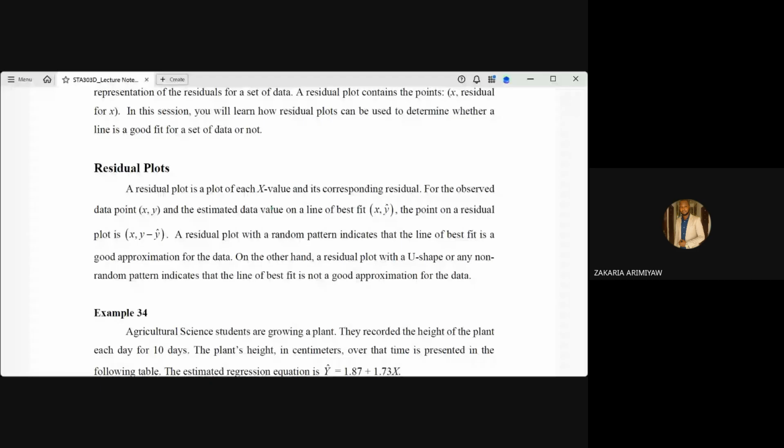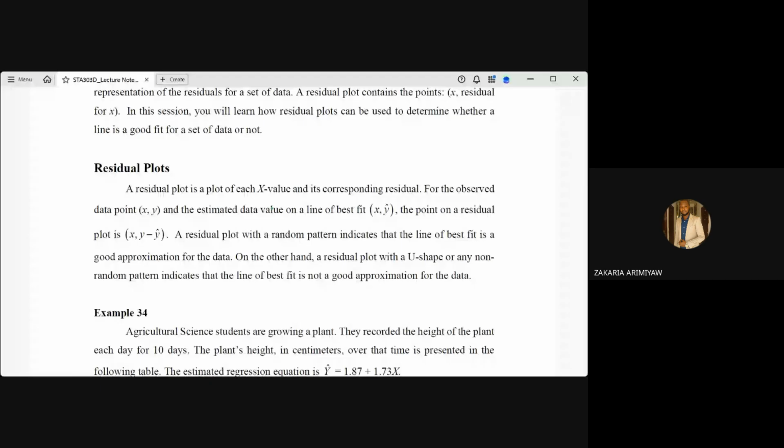But if you observe from the residual plot that the points form a curve or a U shape, it is telling you that the linear model is not a good fit, but at the same time suggesting to you that the nonlinear model may be okay for the data.